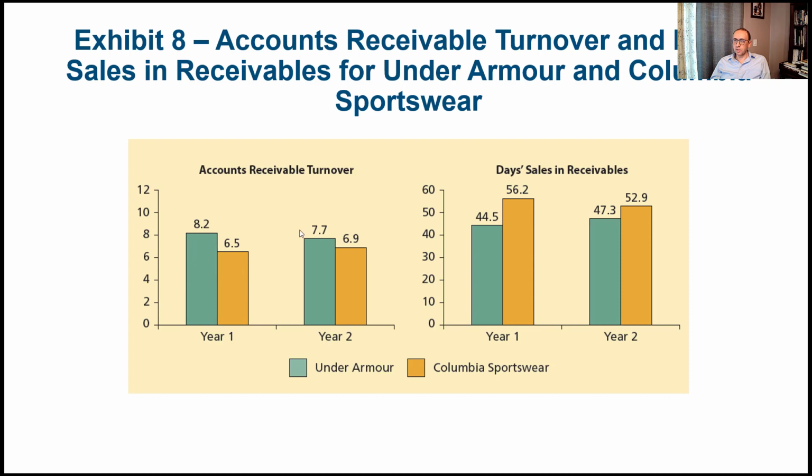The number of times they collected is higher than Columbia's, and that's also reflected in the number of days. So you see here that Under Armour was 44.5, and now it's 47.3, but for Columbia it's 56.2, and actually went down to 52.9, but still higher than Under Armour.